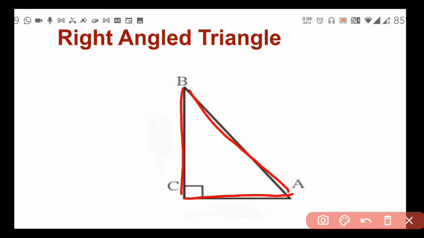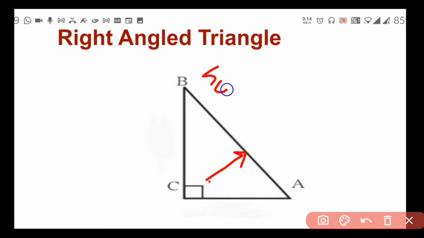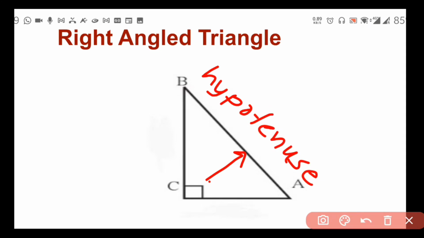So in between these 3 sides, the side which is exactly opposite to right angle, that side is known as hypotenuse of right angle triangle. So the side which is exactly opposite to right angle is known as hypotenuse of that right angle triangle.